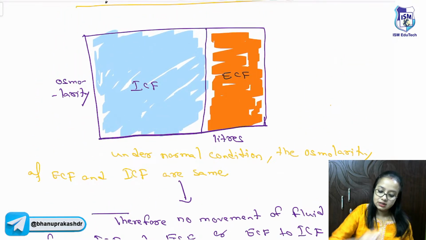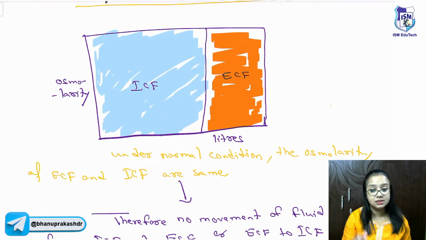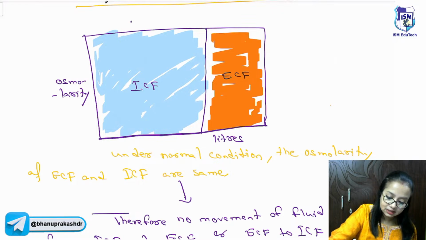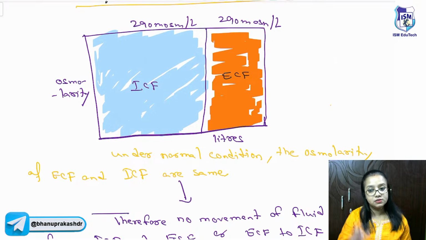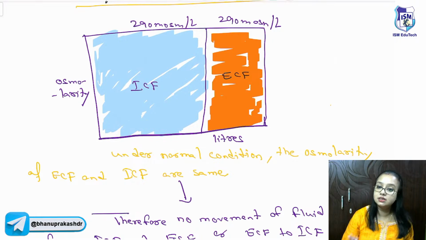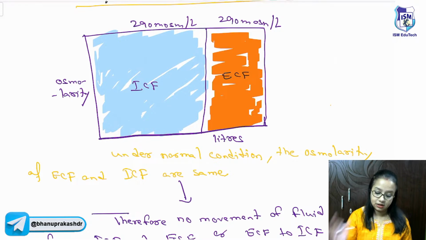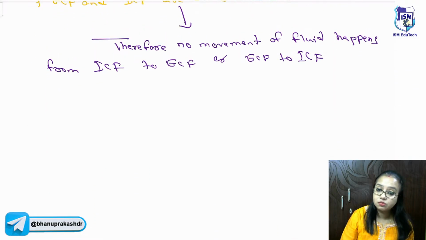When the osmolarity of the ICF and ECF are both the same, say 290 milliosmol per liter, the body fluid in the ICF stays in the ICF, and the body fluid in the ECF stays in the ECF. There is no shift of compartment, because the osmolarity is maintained at the normal value. But this is not the condition that always remains the same.